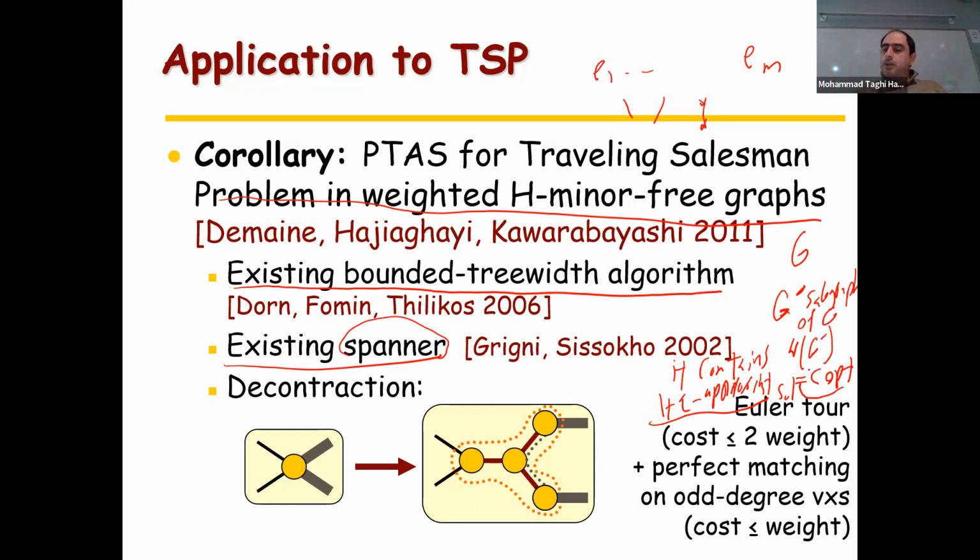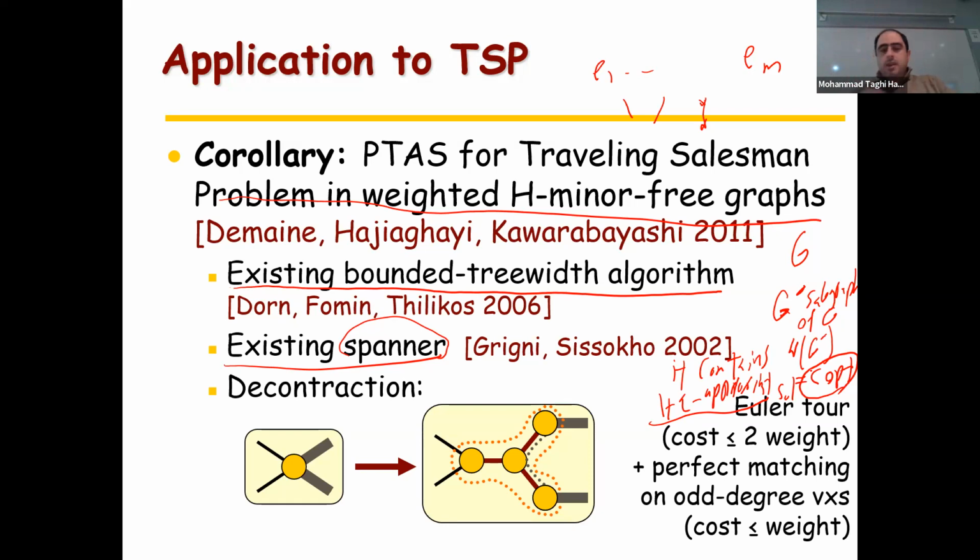First, it has a good solution inside it, a 1 plus epsilon solution. The other is that the total weight of the edges is at most C times opt, while the weight of the original graph might be much more than the optimum.